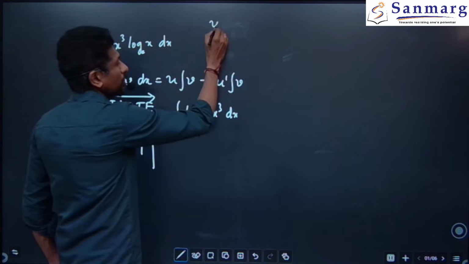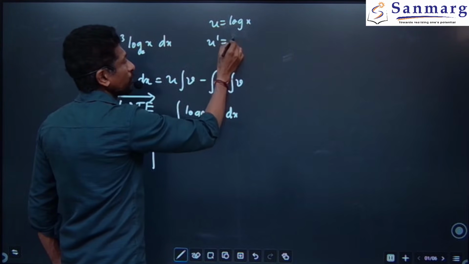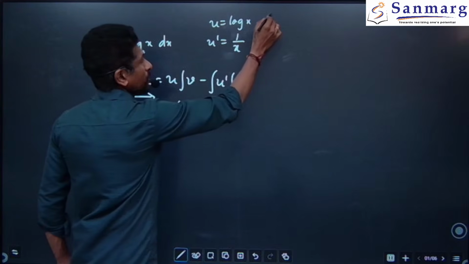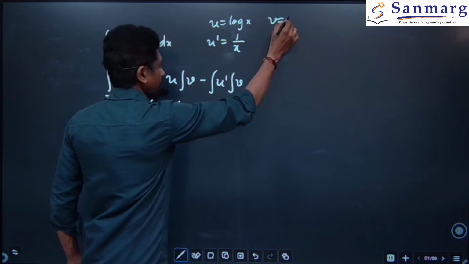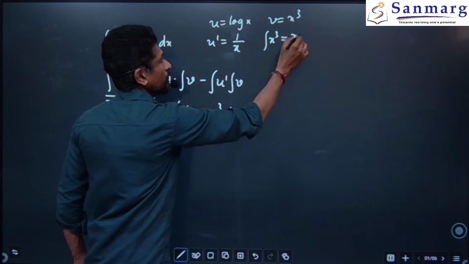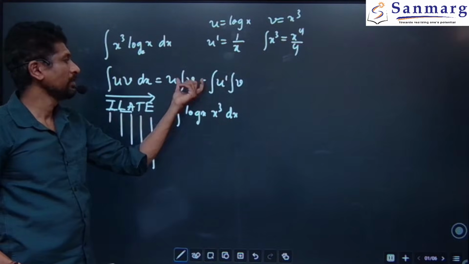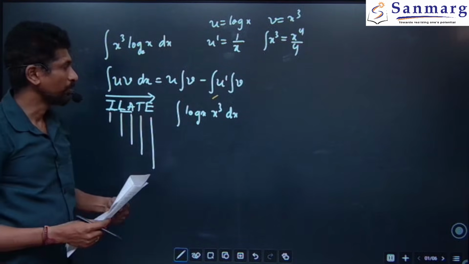So u is nothing but log x here, automatically u dash becomes 1 by x. Same concept, v is nothing but x cube here, integration of x cube becomes x raised to 4 by 4. By differentiation and integration, you have to substitute in the integration by parts formula.